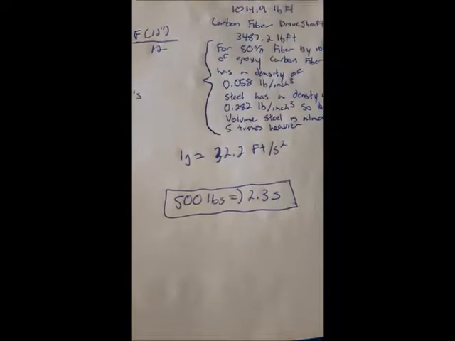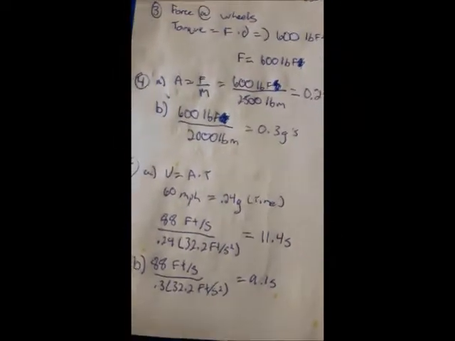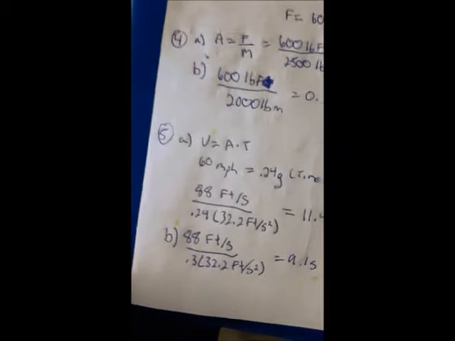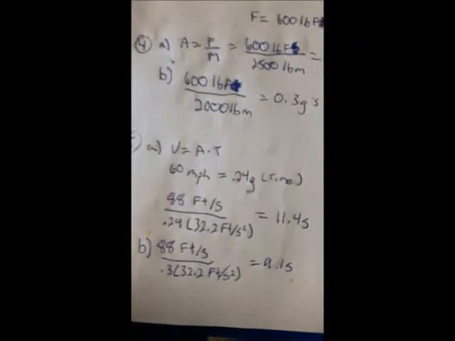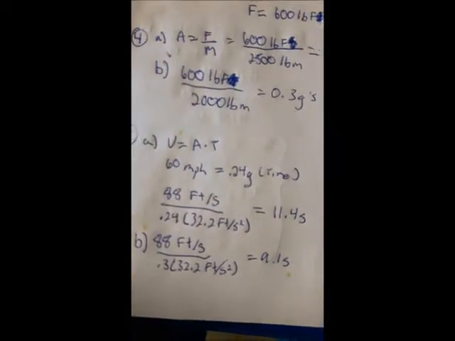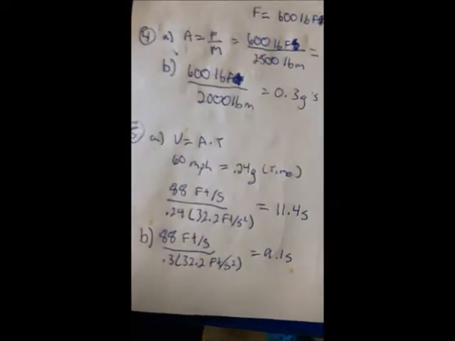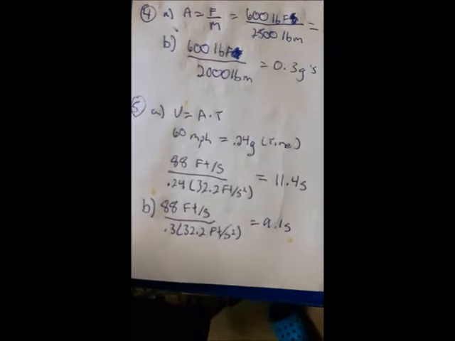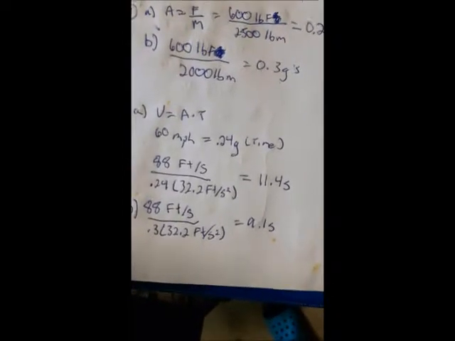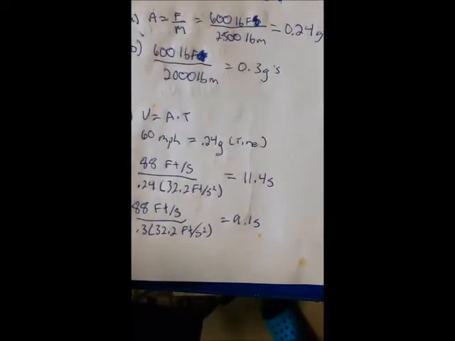Now 1 g is equal to 32.2 feet per second squared. So therefore, your velocity is equal to your acceleration times time. So you want to go 60 miles per hour. Well, you have 60 miles per hour, which is equal to 0.24 g's times your time.